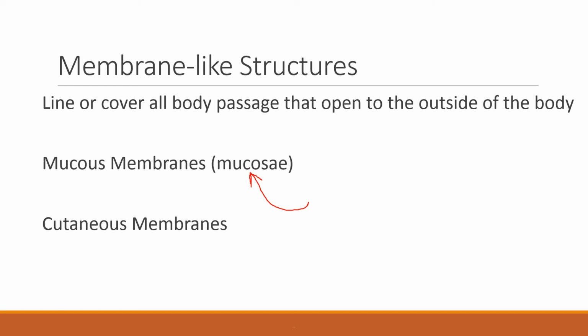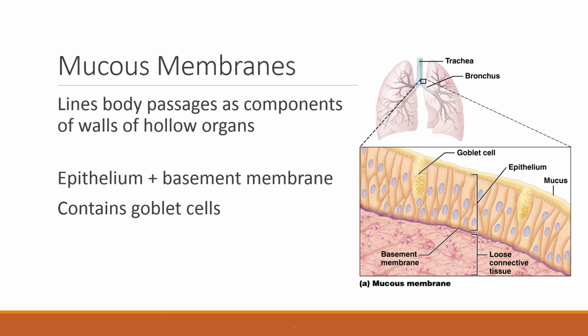Your mucous membranes in particular are going to include membranes that line the respiratory passages, the mouth, the nasal cavity, the digestive tract, and the male and female reproductive and urinary tracts. The mucous membranes consist of a layer of epithelium supported by its basement membrane.